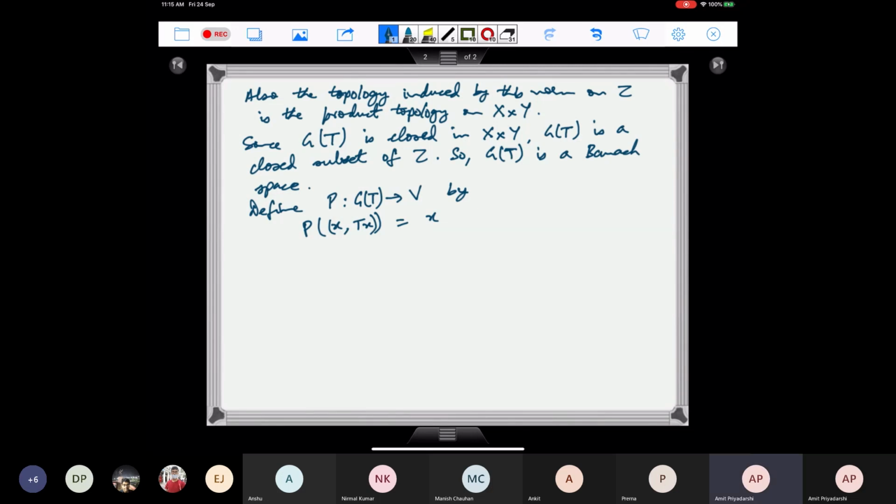Then what can we say about this map? P is linear is clear. So P is a linear transformation from G of T to V. Also, P is one-one and onto.